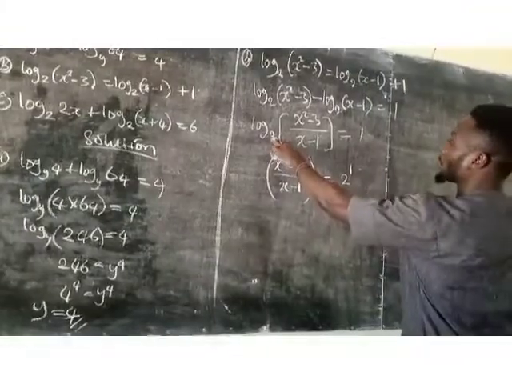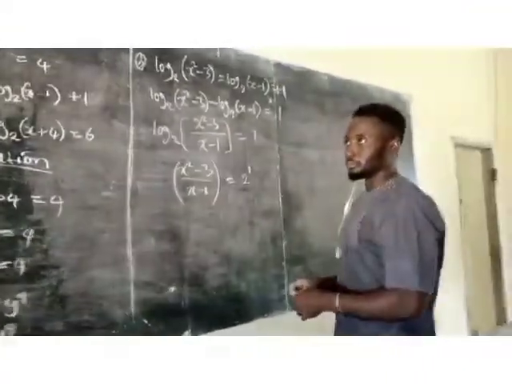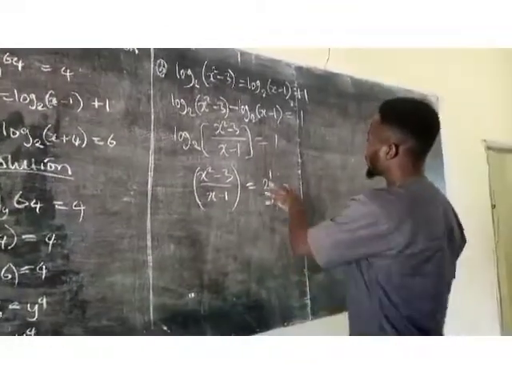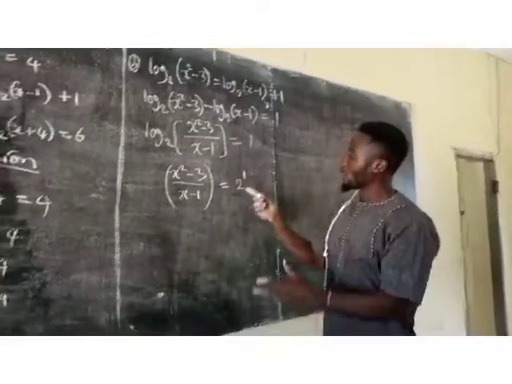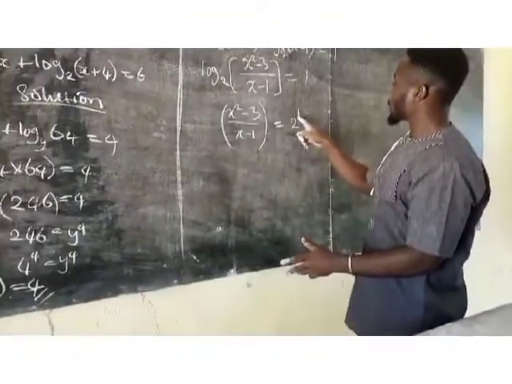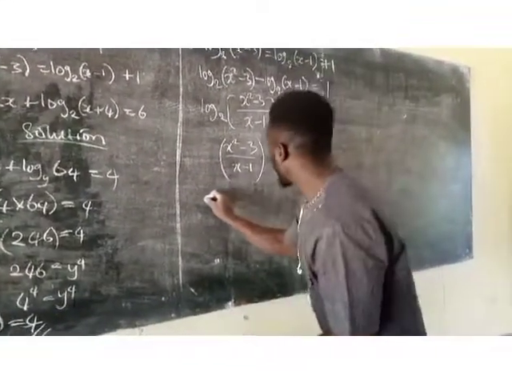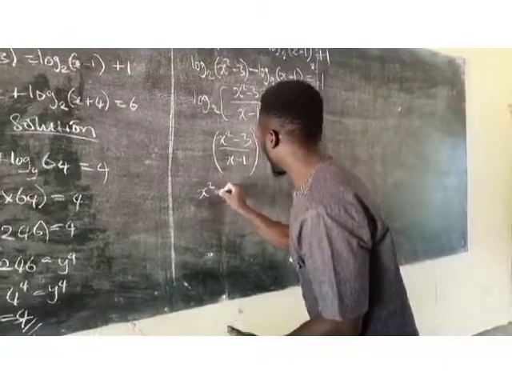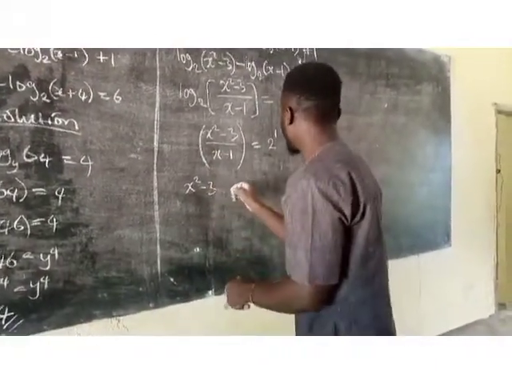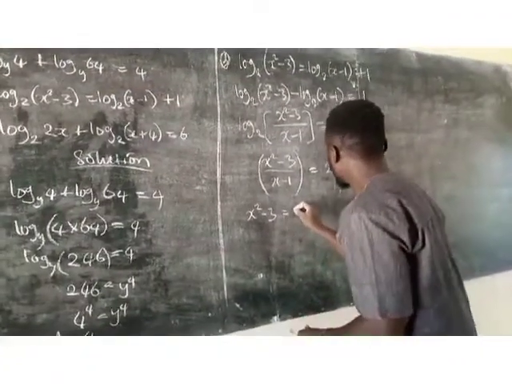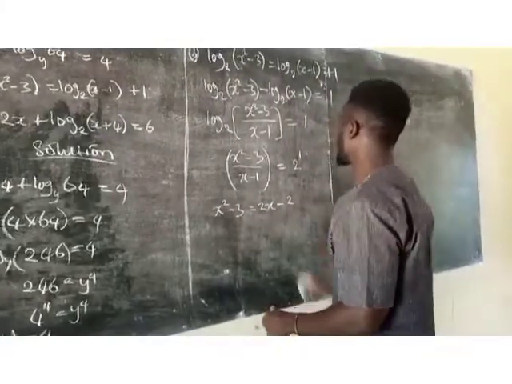We recall from the law of indices that 2 raised to the power of 1 is the same thing as 2. When you cross multiply, you have x squared minus 3 equals 2x minus 2.